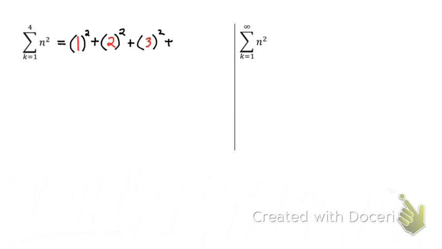Then I'm going to add 4 squared. Well, 1 squared is 1. So we have 1 plus 4 plus 9 plus 16. Well, that's just going to equal 30.